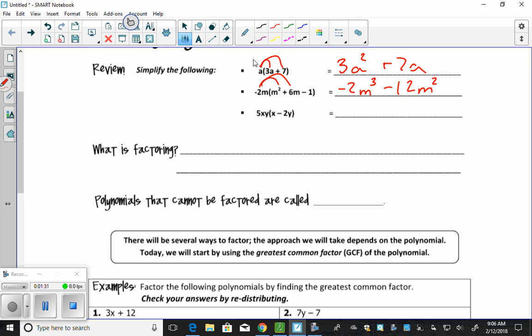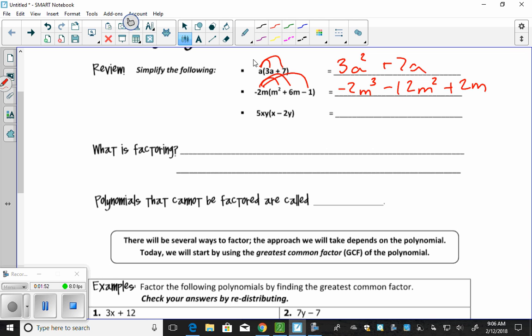Negative 12m squared. Negative 2m times negative 1 is negative 2m. Is it negative though? Positive 2m, because a negative times a negative is a positive. Okay, so let's look at the next example.